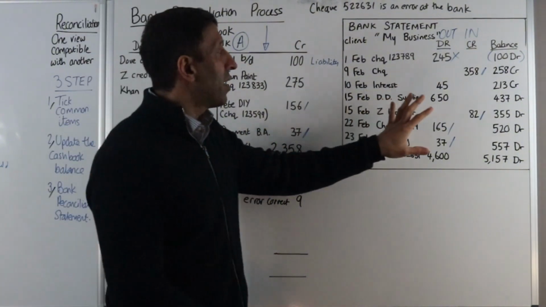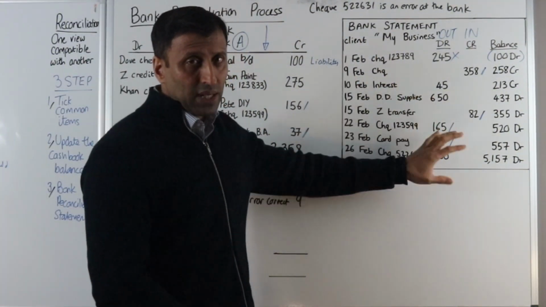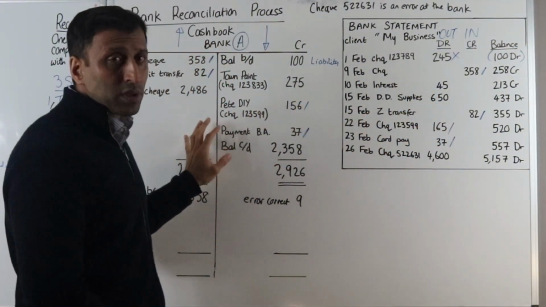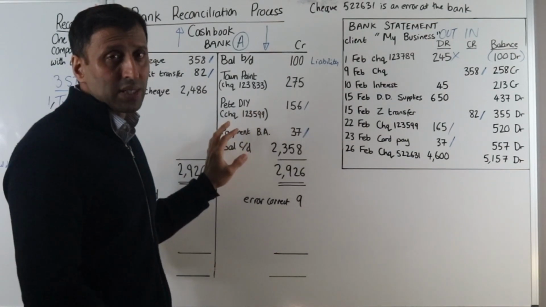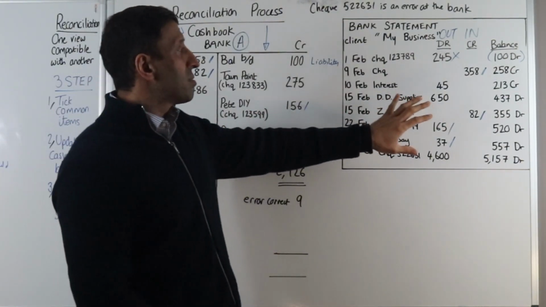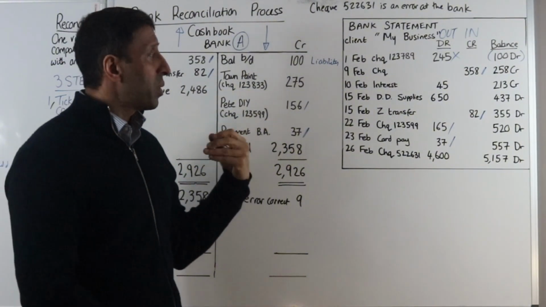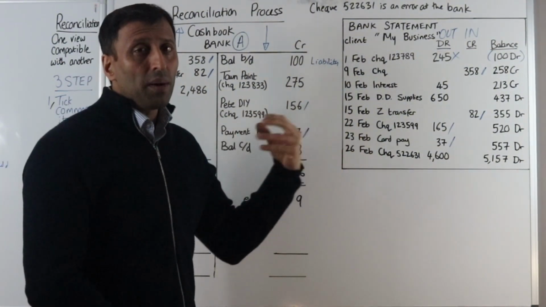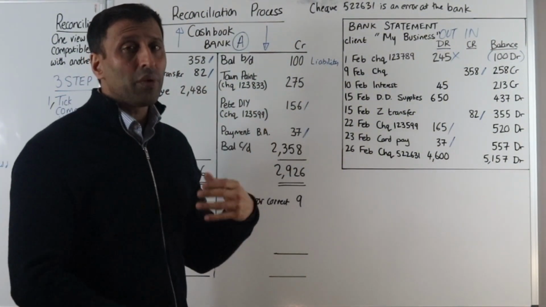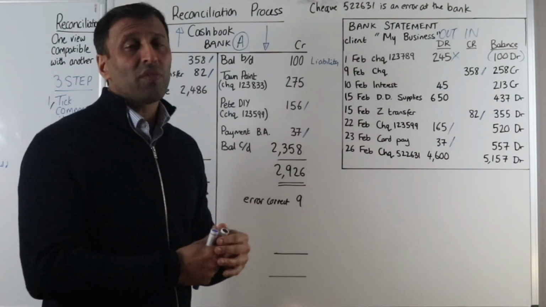That's going to be items that are here that are not ticked, because the items that are ticked are also here, and therefore the business is aware of those. But the items that are unticked are the ones that the business is not aware of, and therefore we need to use those items to update our own cash book, our own business's understanding of how much is in the bank or not.